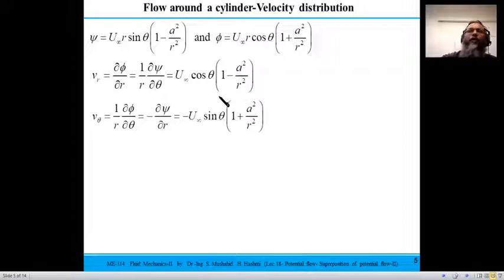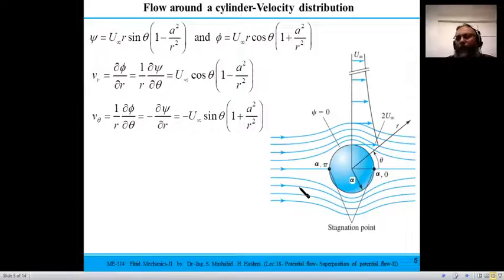Similarly, we can get the velocity component in the tangential direction. As we know, for the tangential direction, phi should be differentiated with respect to theta and psi with respect to r. So just differentiating either of those expressions, eventually you get the radial component of the velocity and the tangential component of the velocity.